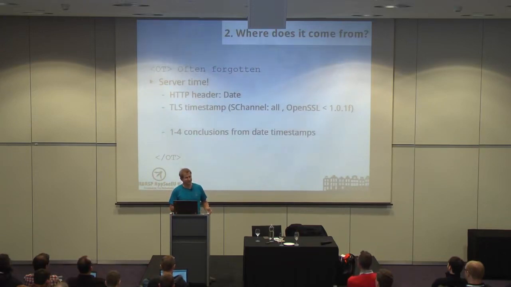This was one of the reasons, because if you hit a server with the old OpenSSL client, you deliver your time to the server in the client hello. This allows the server side to fingerprint what the time is on your machine. So this is the reason why it's nowadays filled with random values, but from a pen tester perspective, you can also use it for fingerprinting if the server still allows it.